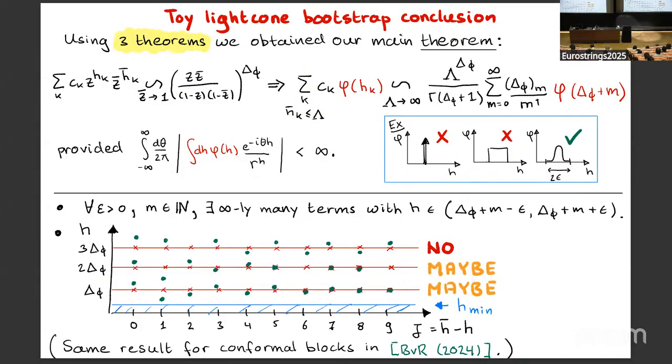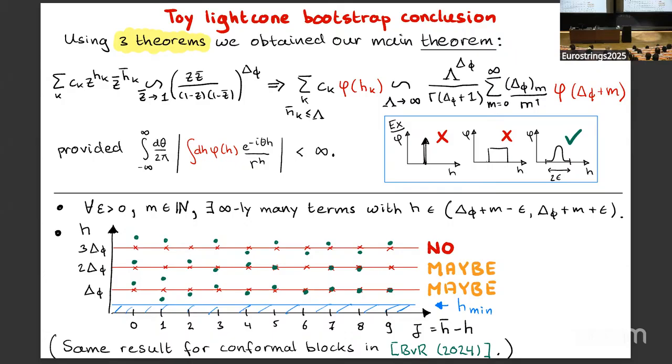So here's our conclusion. We use 3 theorems, the Tauberian theorem, Vitali's theorem, and dominated convergence theorem. And we obtain a theorem of our own, a theorem of sorts, or proposition, if you want to be modest. It says that if we have this behavior, again, this is the 4th time I read it, so that you understand, then I have this result, right, for some class of test functions that obey this condition.